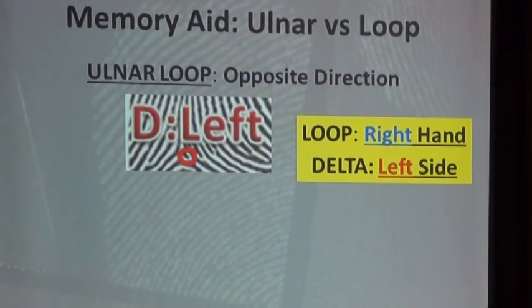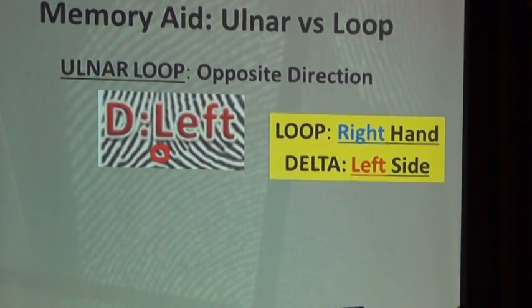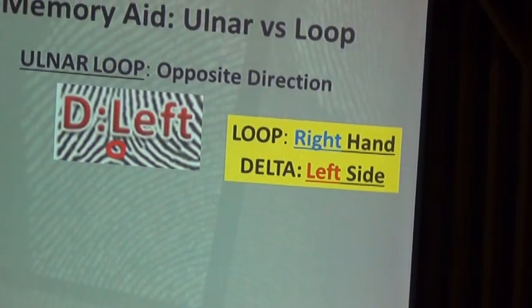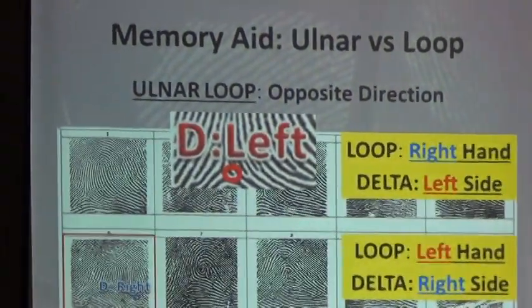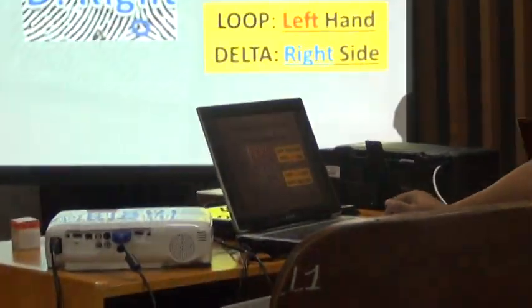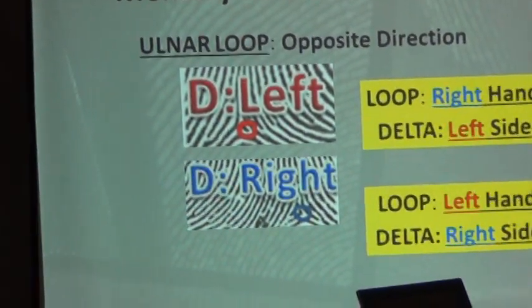The pattern or the loop is found in the right hand, the delta is on the left side. What about in the left hand? If it is on the left hand, the delta is on the right side. So we have here the concept of opposite direction.